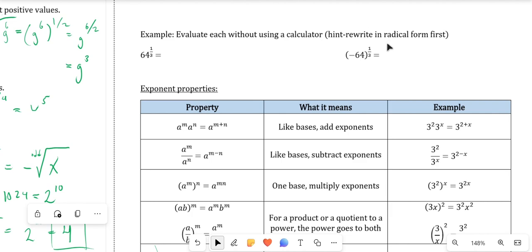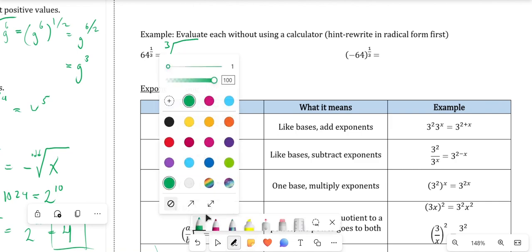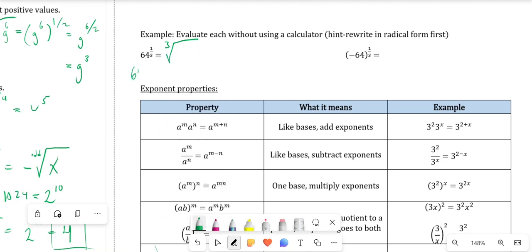It says they want you to evaluate these without a calculator. Hint, get it in radical form first. Well, also, while we get it in radical form, which would look like this, we should also think about how this 64 should simplify. 64, as you can check, is equal to 2 to the 6th power.